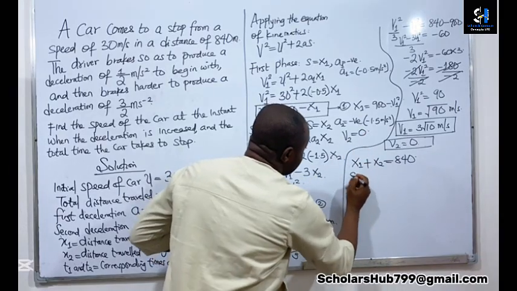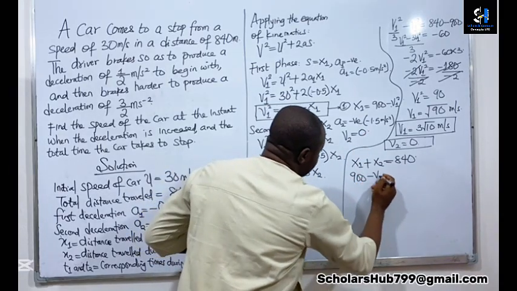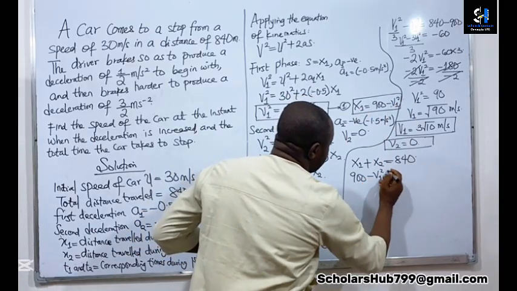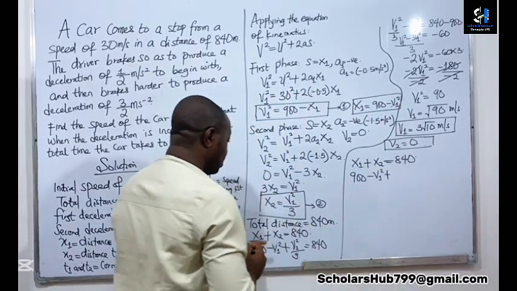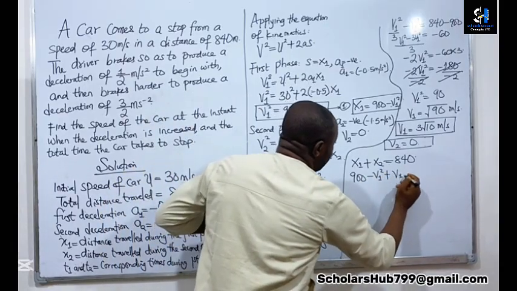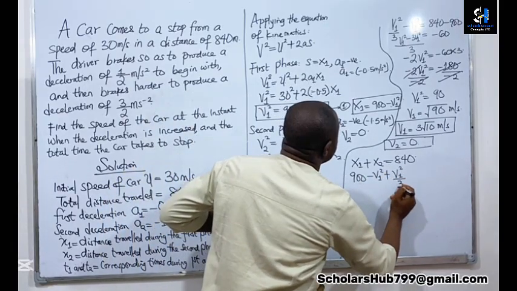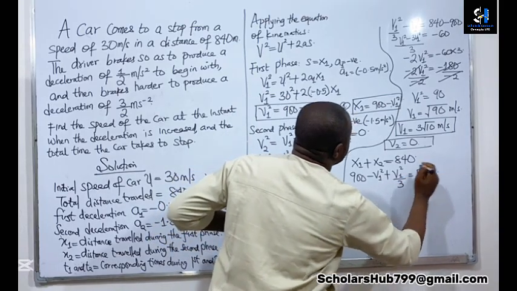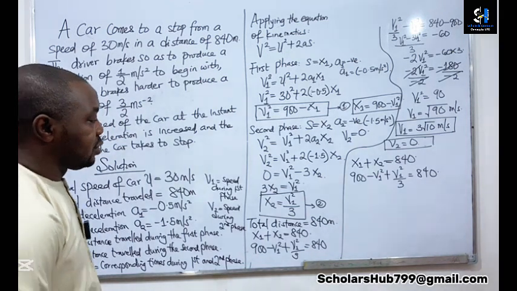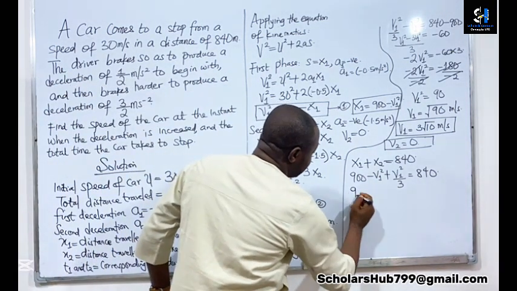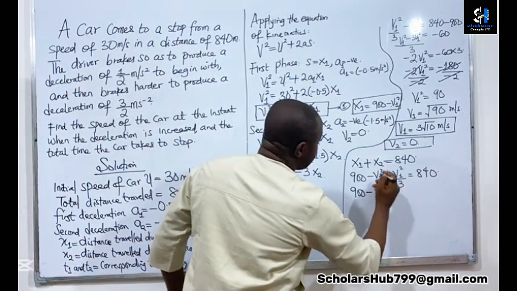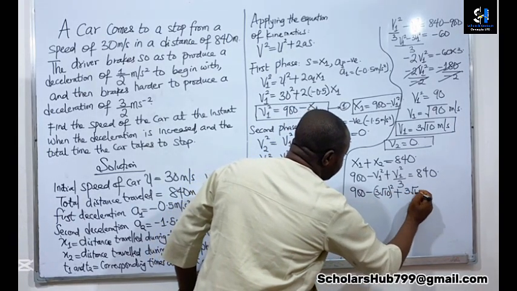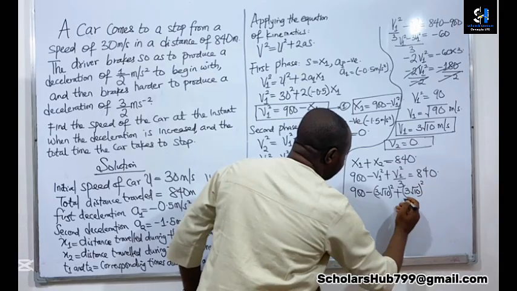Now x1 is 900 minus v1 squared, then plus x2, which is v1 squared divided by 3, equals 840. So now we know this will be 900 minus 3 root 10 raised to the power of 2, and this also will be 3 root 10 raised to the power of 2.